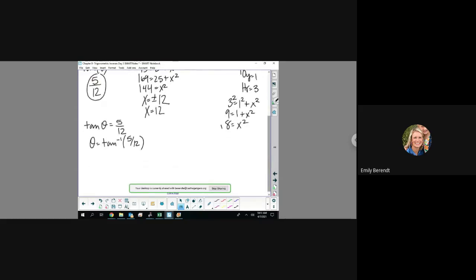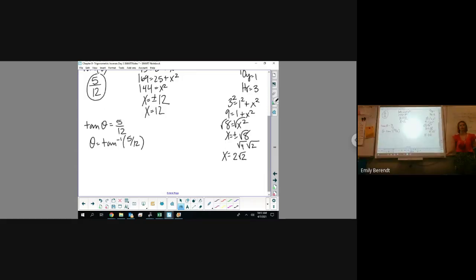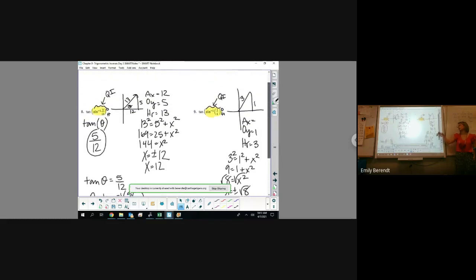Do a little simplifying when we root it. Square root of 8. Root what and root what? 4 and 2. Which one's the perfect square? 4. So we get x equals positive 2 root 2. And why positive and not negative? Because we're in quadrant 1 and the x's are positive in quadrant 1. So our x is 2 root 2.